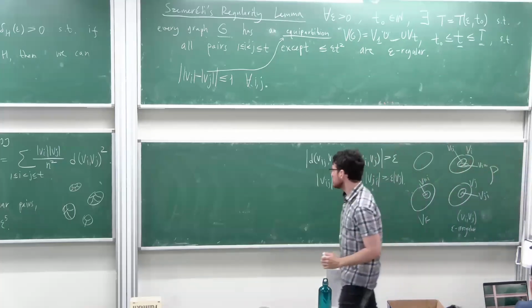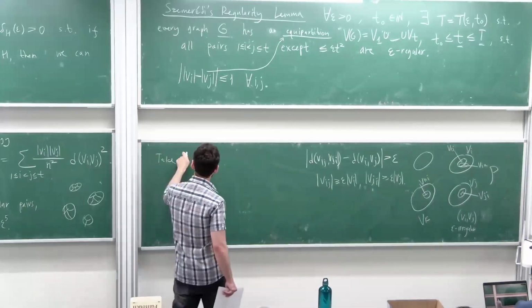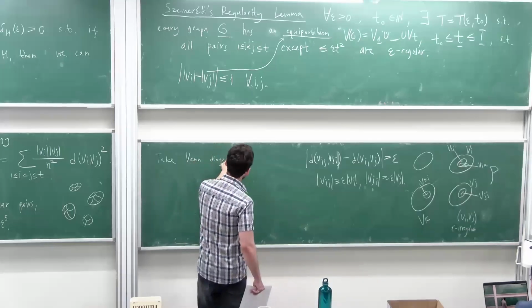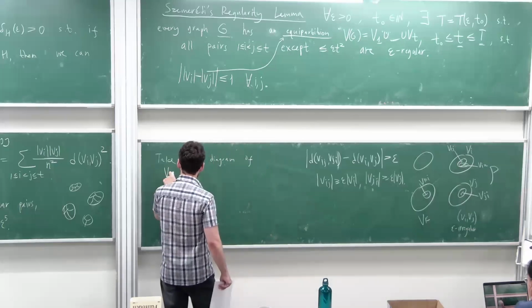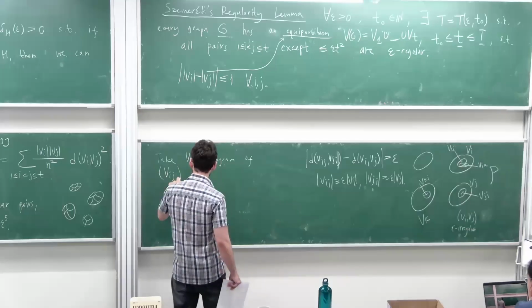So then what we do is take the Venn diagram of Vij over all j.